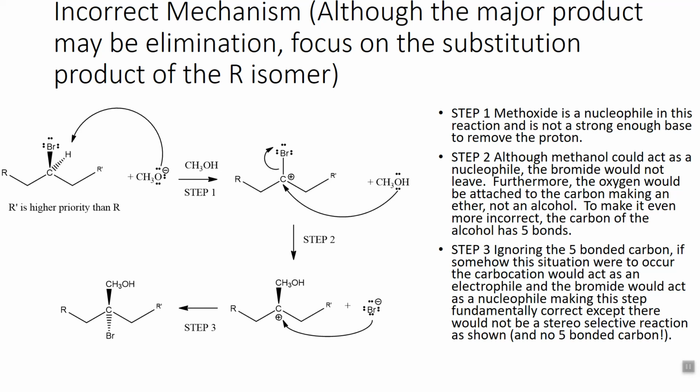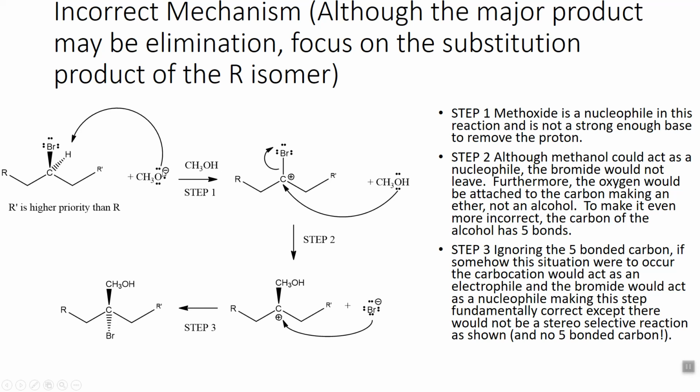For the mechanism, I'm going to do the same thing where I'm going to focus on each step individually as written. So first, it says the major product may be elimination. Focus on the substitution product of the R isomer. So in this case, I'm forced to focus on the substitution product.